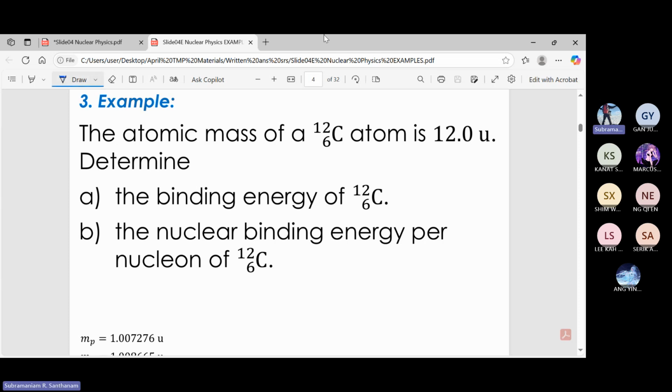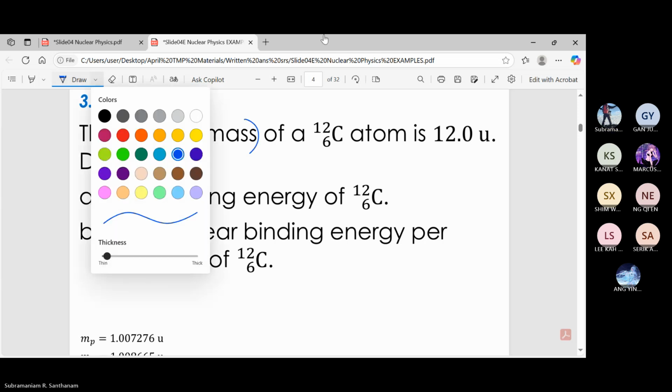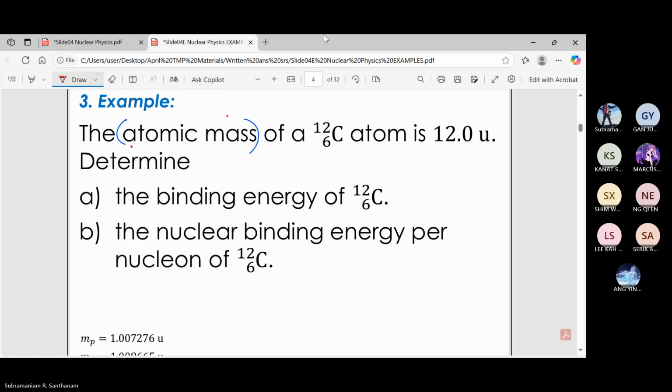Here you understand this is referring to the atomic mass. Determine the binding energy of carbon 12 and the nuclear binding energy per nucleon.